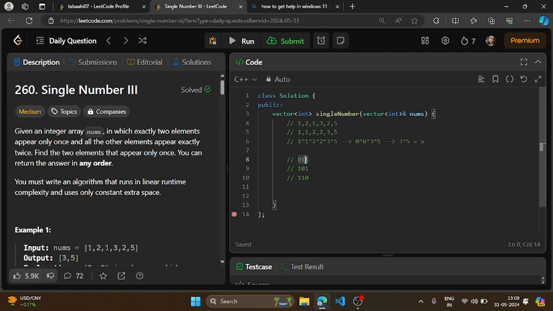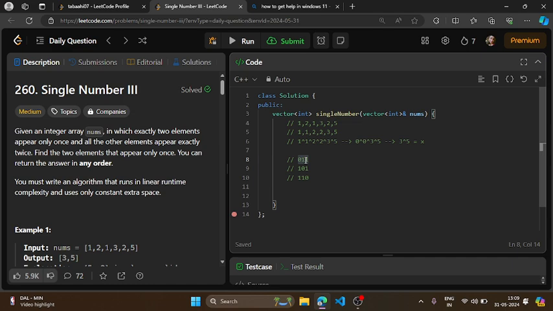Okay, now after finding that particular position, I will divide the entire array into two groups based on that position, right? Suppose I am getting the different bit in the two target numbers at the ith position. So I will divide my array into two groups, where the first group will contain the numbers which have bit 1 at the ith position, and the second group will contain the numbers which have bit 0 at the ith position.